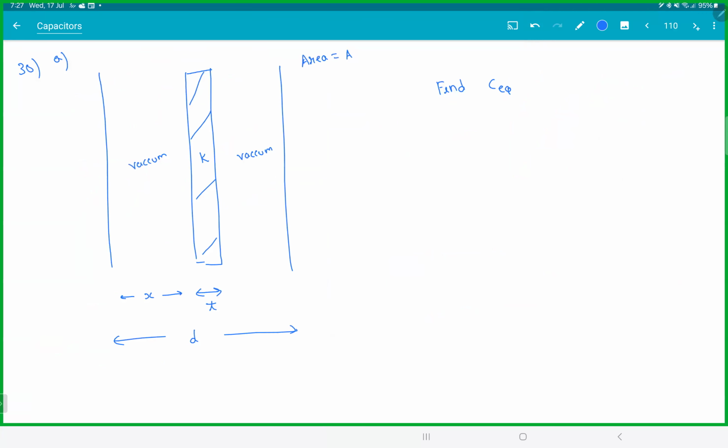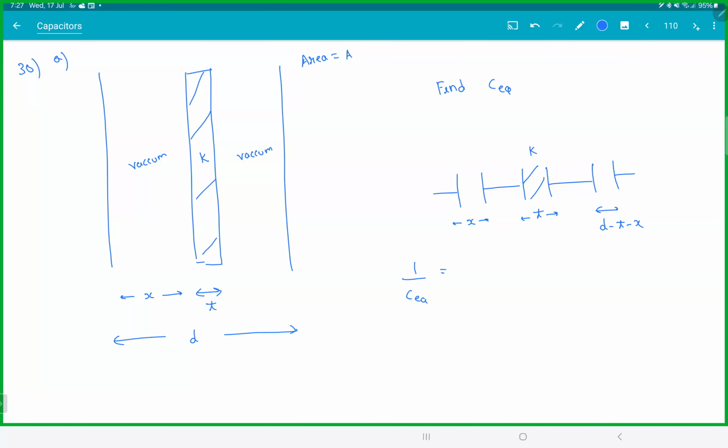How to do this thing. This can be treated as 3 capacitors. The central capacitor is K, thickness is T, this capacitor's distance is X, this capacitor's distance is D minus T minus X. All of them are in series.